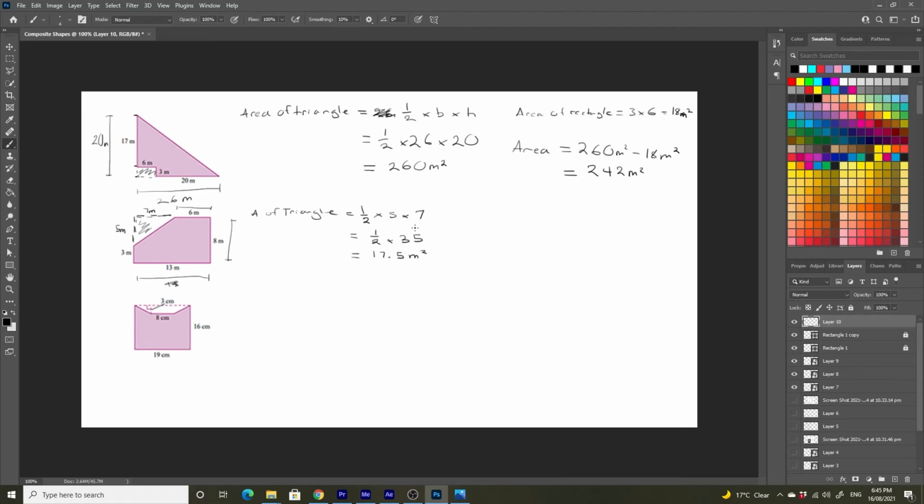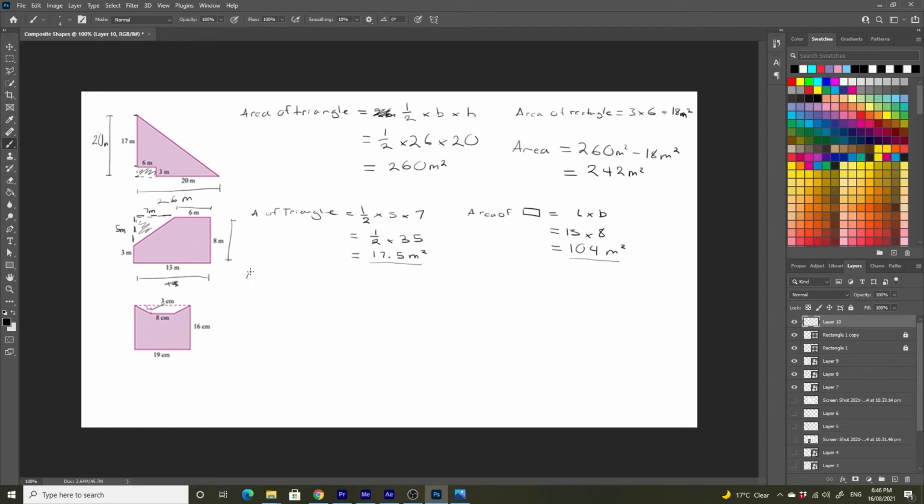So the next thing we have to do is the area of our rectangle. Area of rectangle is going to be equal to length times breadth, which is equal to 13 times 8, and that is 104 meters squared. But we're not done yet because we need to take away this amount from the total area of what a complete rectangle would be.